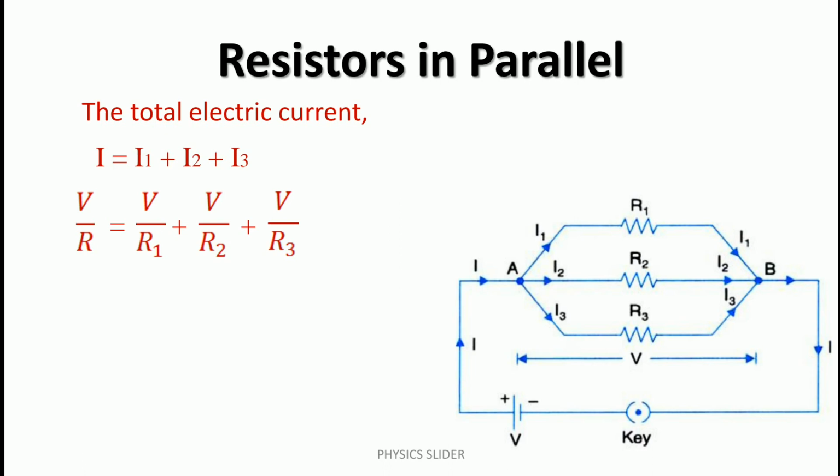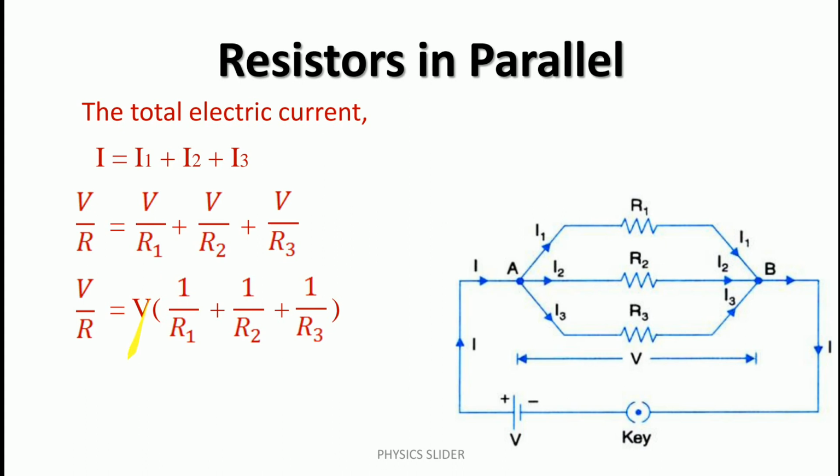Now put the value of I1 as V upon R1, the value of I2 as V upon R2, the value of I3 as V upon R3, and the value of I as V upon R. We can take V as common in these terms. So watch here. This V we have taken as common. Inside that is 1 upon R1 plus 1 upon R2 plus 1 upon R3.